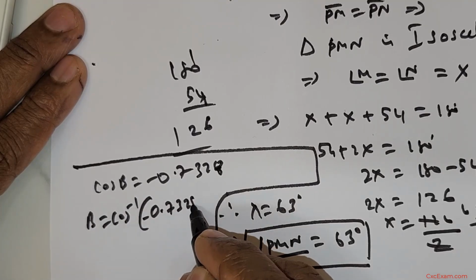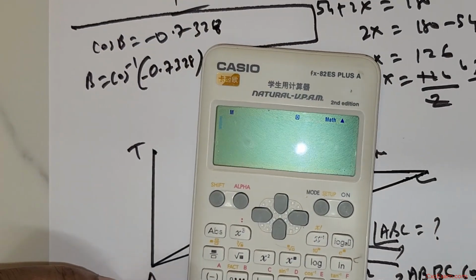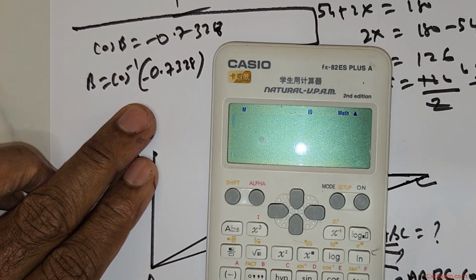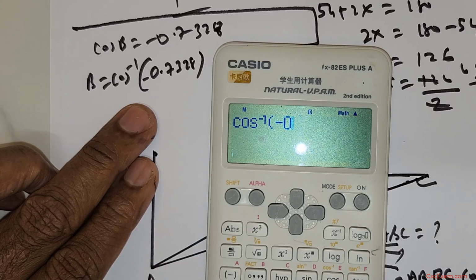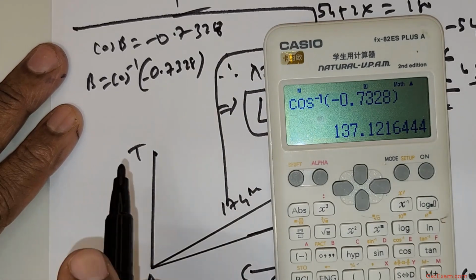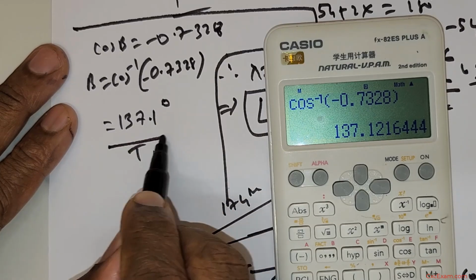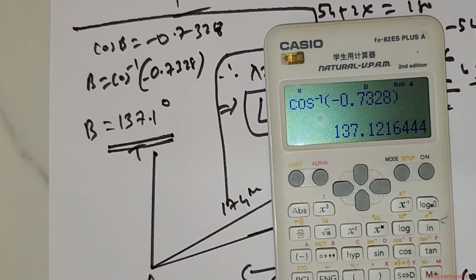Cos inverse of negative 0.7328. What is that? 137.1. So this is 137.1 degrees. This is angle B. Okay, that's a solution for this question.